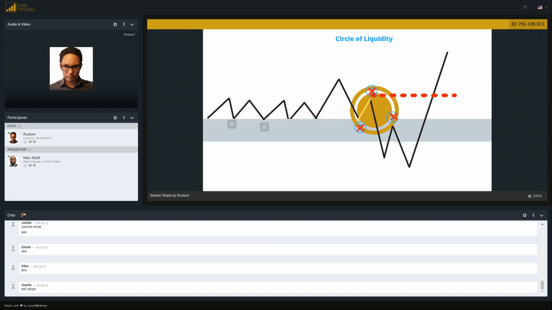And once those 3 stops are taken out, the entry is there. That's the circle of liquidity. Must have all 3 stops taken out before entry.